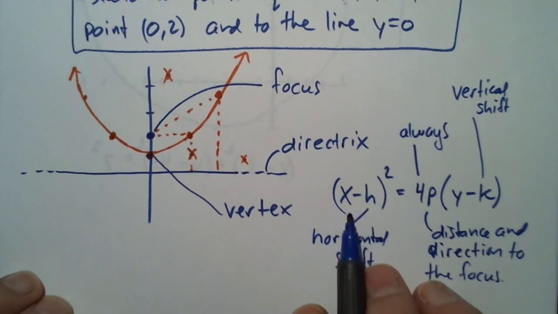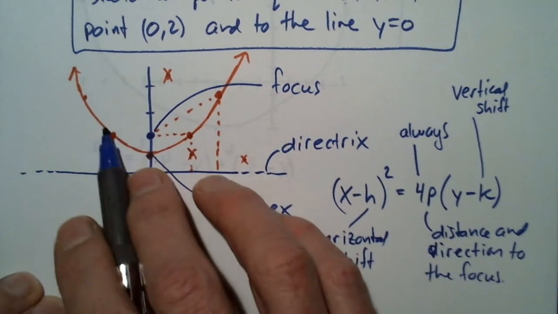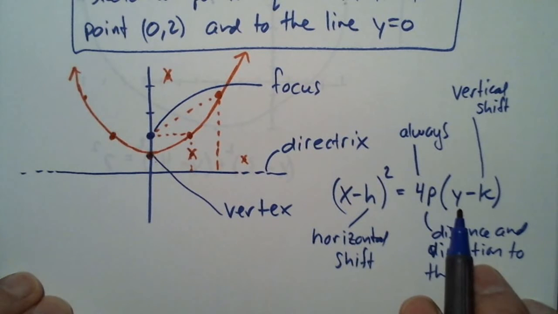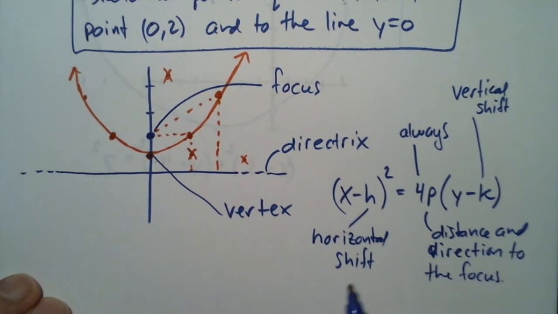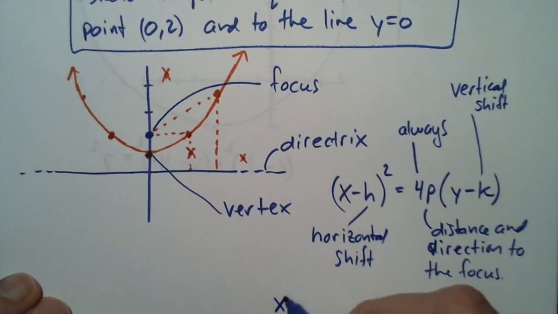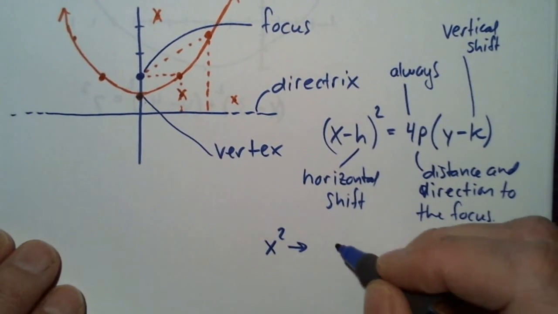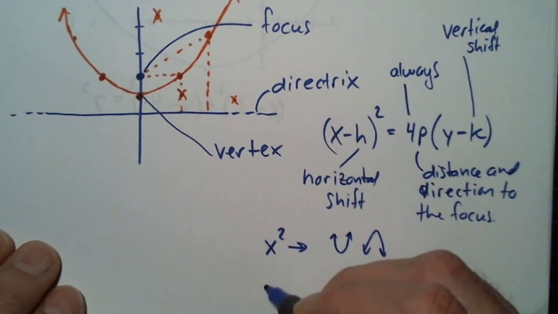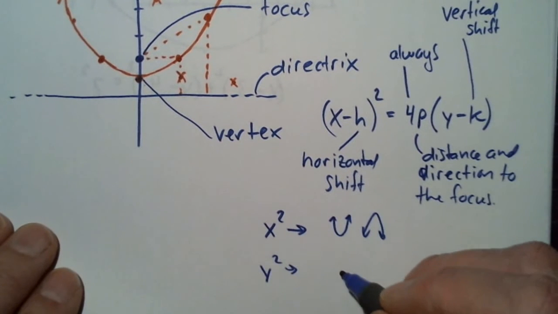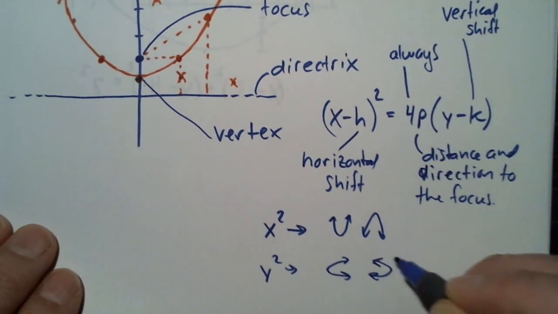And then we just have to remember that when x is squared, we have a graph opening vertically. If we had the y right here, then the graph would open horizontally. So x squared means we have a graph that looks like this or this. If we had y squared, that means we have a graph that looks like this or that.